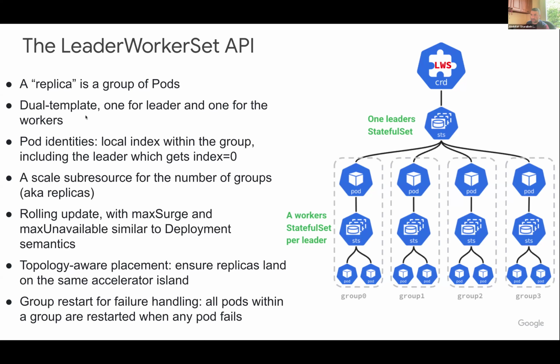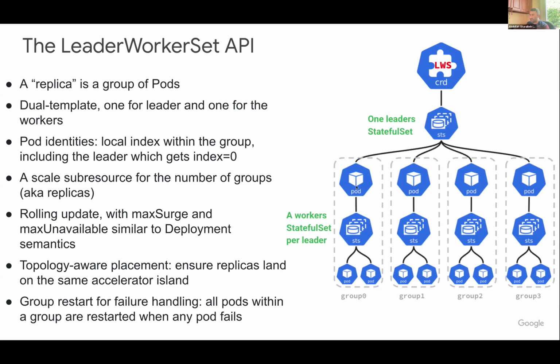That's why you see the second bullet here, it's basically a dual template group. You have one pod, the leader, that you can configure with a template, and the rest of the pods, the workers, can have a different template. The power of this is that you can set different resources for that leader pod. You can even use a different container, and I'll show an example of this in the next slide.